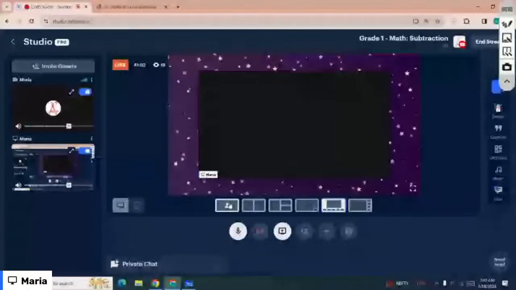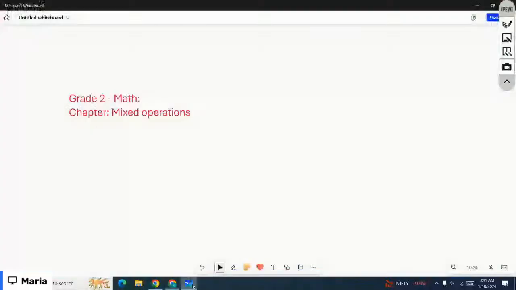What other method could be for subtraction? We have so many ways to subtract. Like you have to do 11 take away 9, right?